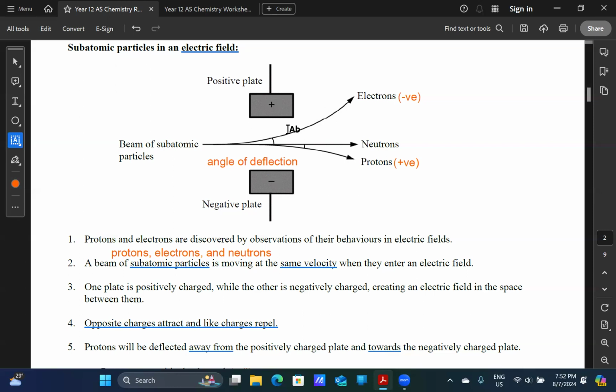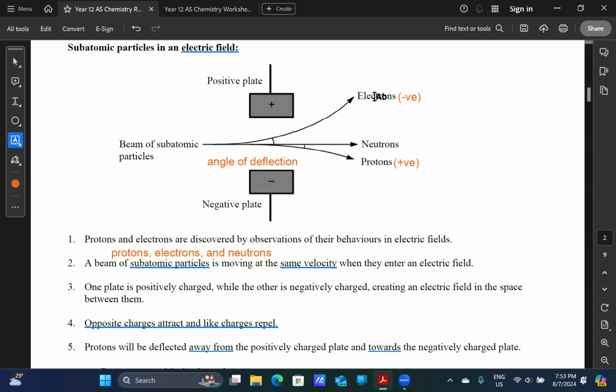I repeat again, now we have to compare electron and proton in terms of their angle of deflection. You can see that proton has a smaller angle of deflection compared to electron.